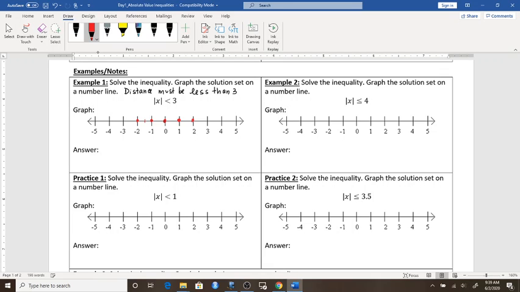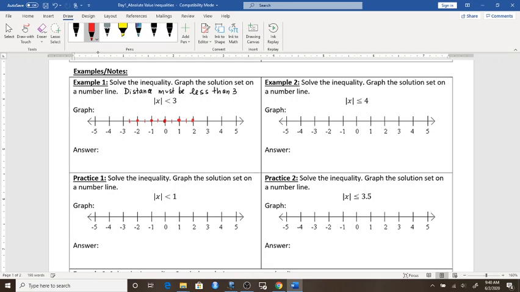Is this distance less than 3? Yes, it's 1.5 units from 0, so it's less than 3. How about 0.5? Is this a solution? Yes, because it's 0.5 units away from 0. How about 1.5? Yes, so any number here from negative 2 to 2 will work for sure.